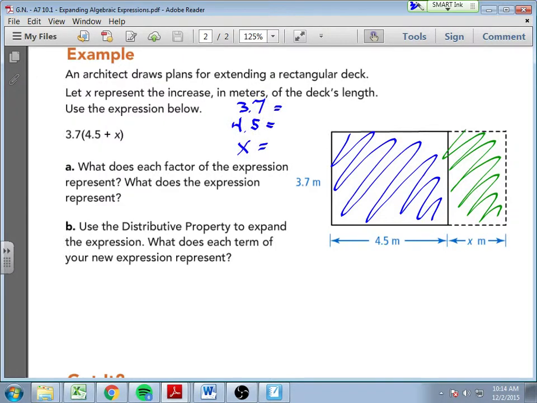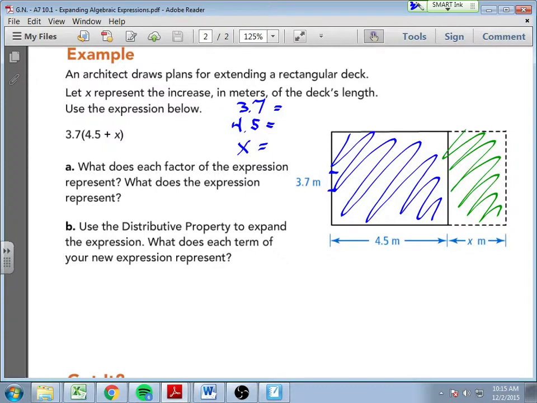What are these things? So 3.7, Pranav, what's the 3.7 represent? Pretty sure the 3.7 is representing the amount of... So let's say there's a door here.